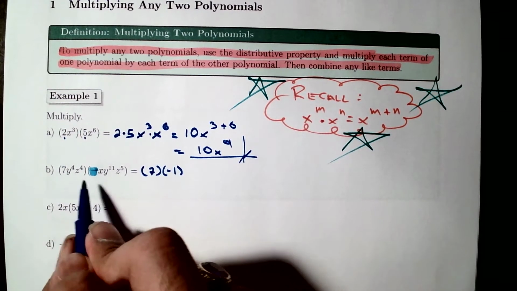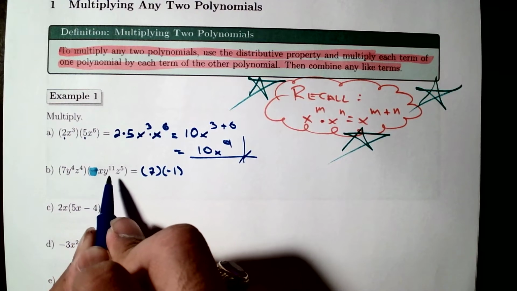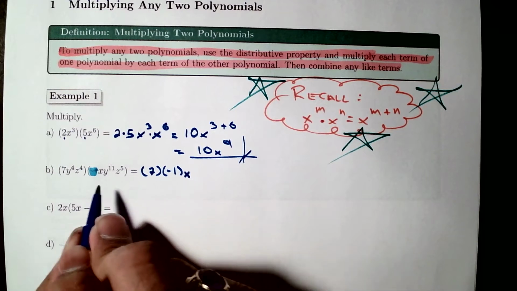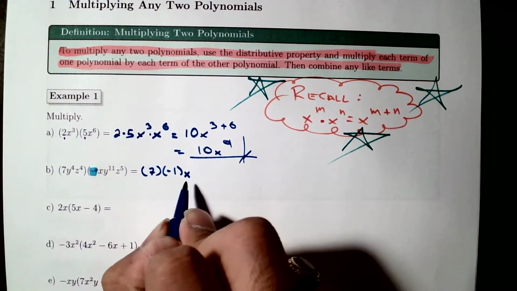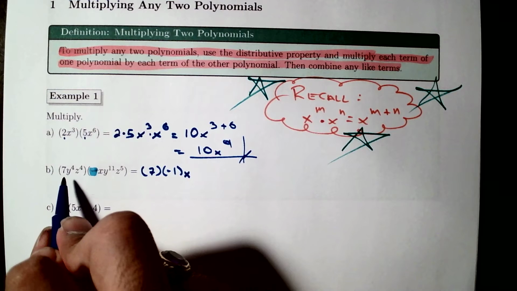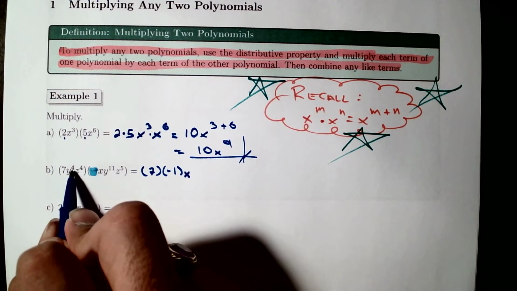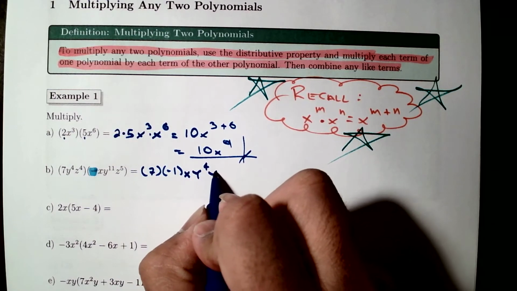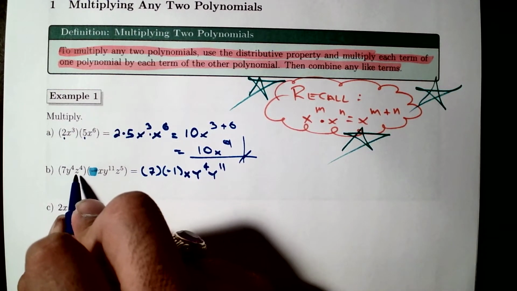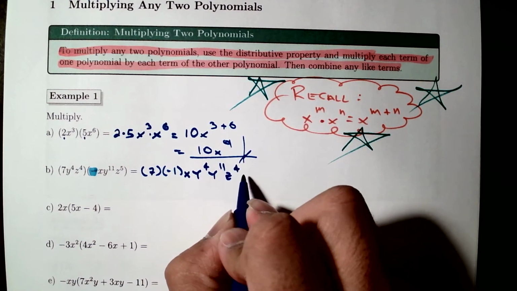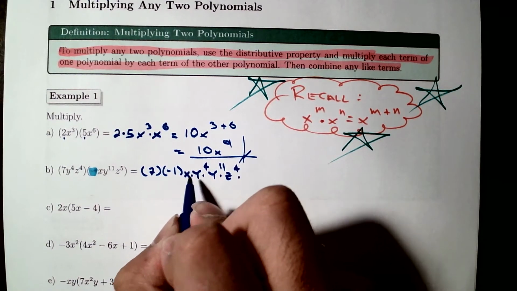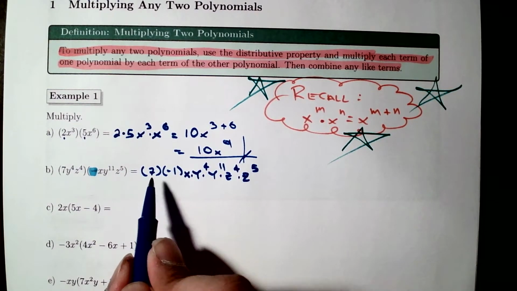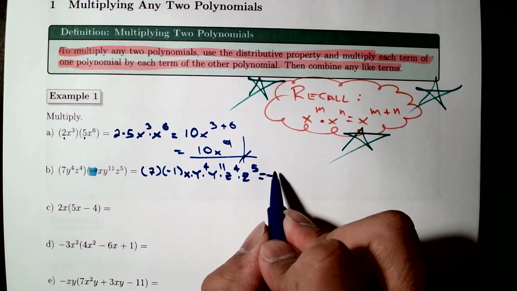Then let's go with the variables in alphabetical order. x is the only one we have, so that's just going to be there. For the y's, that's y to the 4th and y to the 11th power. And for the z's, we're going to have z to the 4th power times z to the 5th power. So 7 times -1 gives us -7.